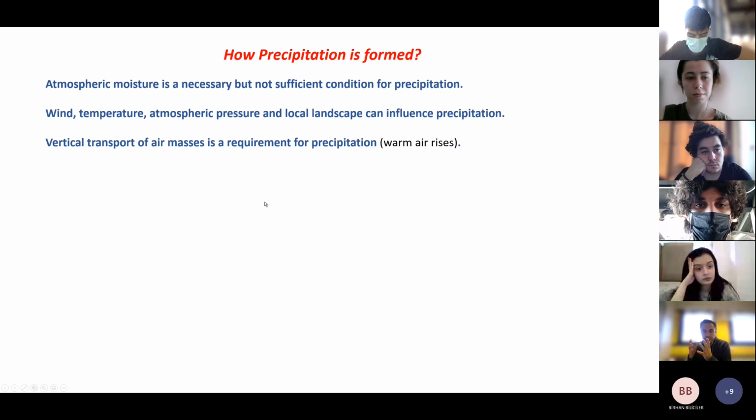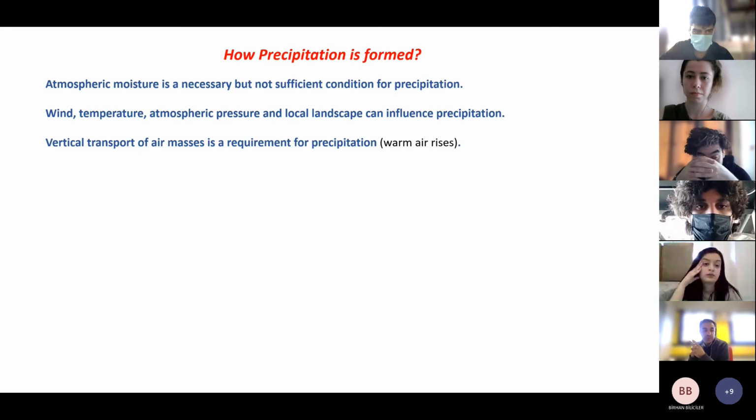First, precipitation happens when we have enough atmospheric moisture. But it is not sufficient, just moisture, because water vapor is a gas, and sometimes you see in some cities the humidity is too high, but there is no rain.